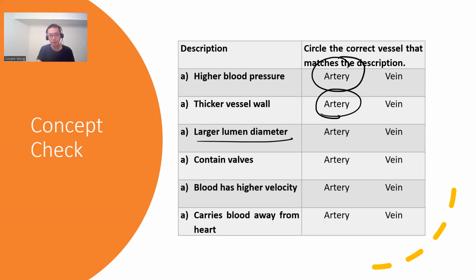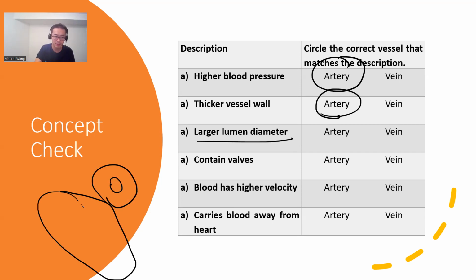Larger diameter. Lumen, if you have a hollow structure, the inside is called the lumen, like the lumen of the stomach, that's where the food goes. So the lumen of the blood vessels is the inside. Which one is bigger? Again, think of that picture with the blue and the red, from a couple slides ago. So it's larger for veins.